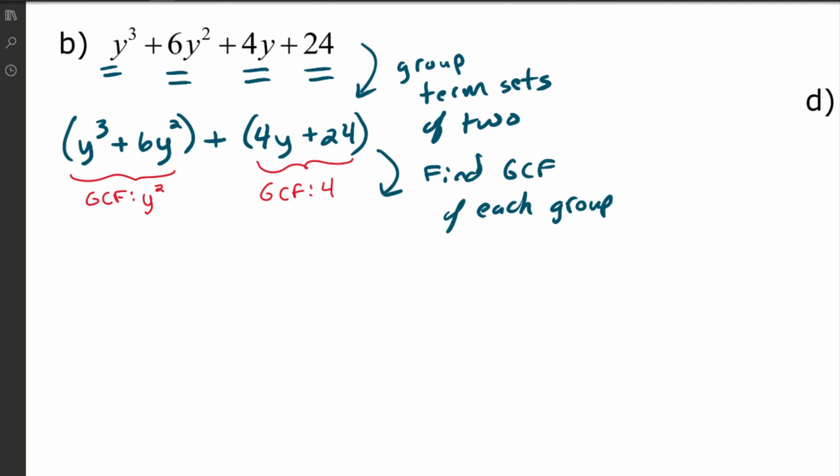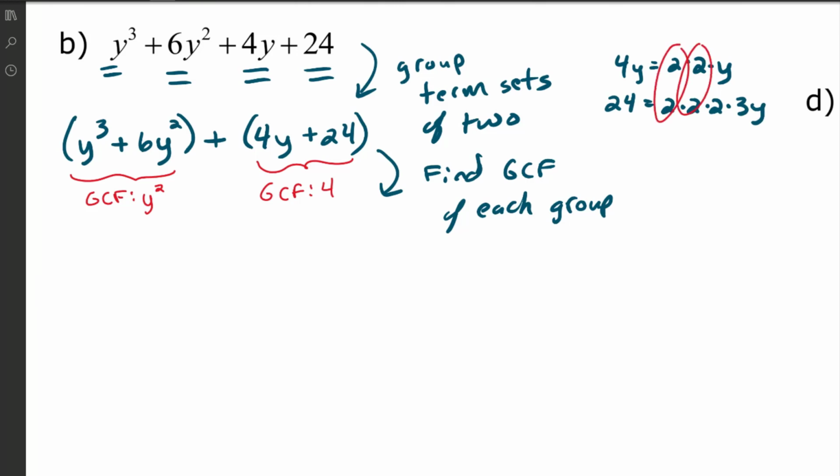You can honestly do those out to the side. I haven't been doing them, but if you really need to go back to what we did before, where you break down each on the side, you can definitely do that. 24 is 2 times 2 times 2 times 3. So you can see there are 2 2s that are in common.